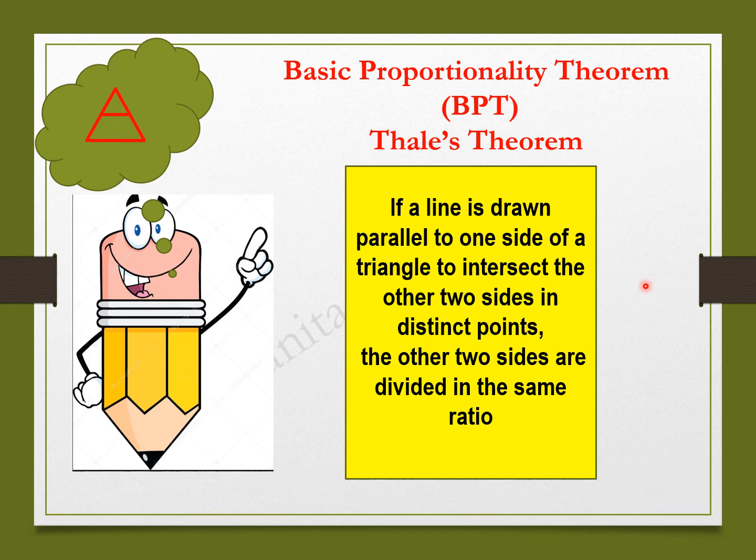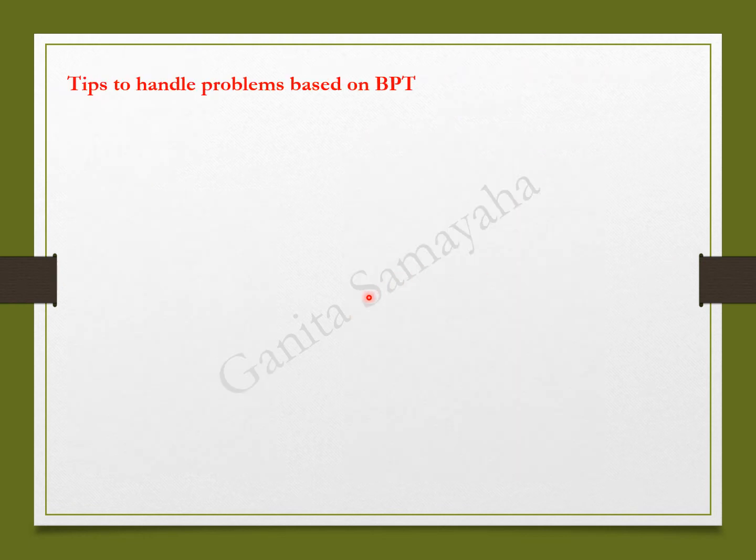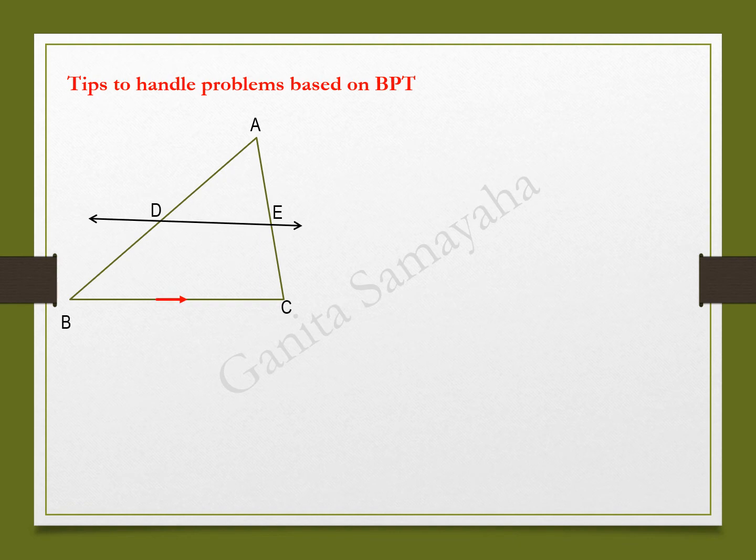Before that, we will just discuss how we have to identify the corresponding sides with triangles that have got different orientation, children. Suppose you have got a triangle ABC like this and DE parallel to the base BC. Normally, we write the base here, horizontal line, isn't it, children?